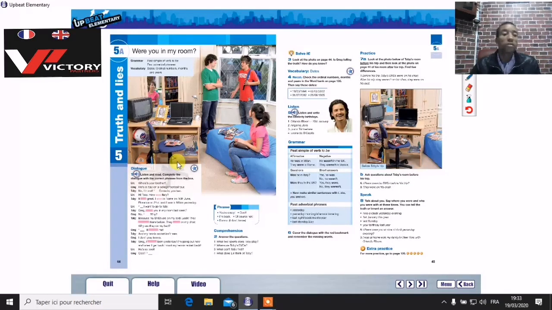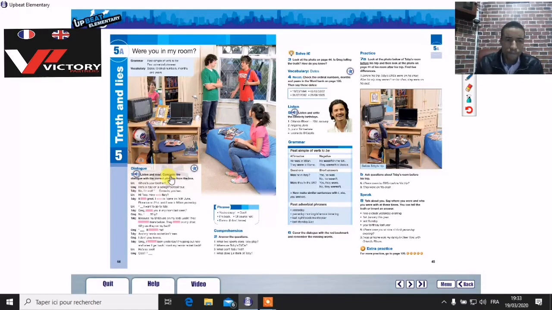So from the picture, we can guess that the dialogue is going to be maybe about football, maybe about another subject, right? So think a bit, and then we will listen to the dialogue to discover.